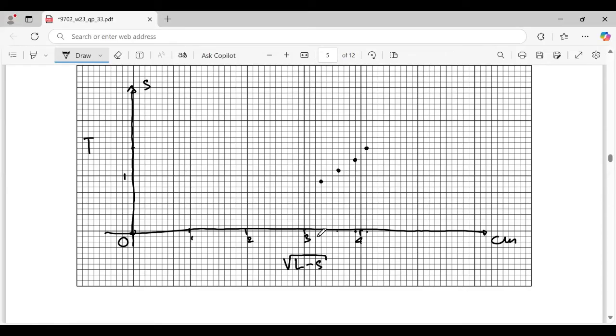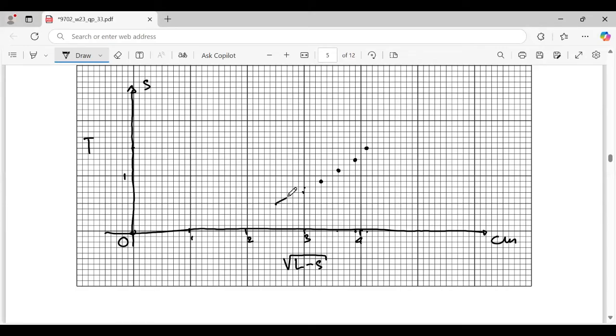And then 3 and 0.8 or 0.7, I prefer 0.7, here. And 2.6 and 0.6 or 0.5.